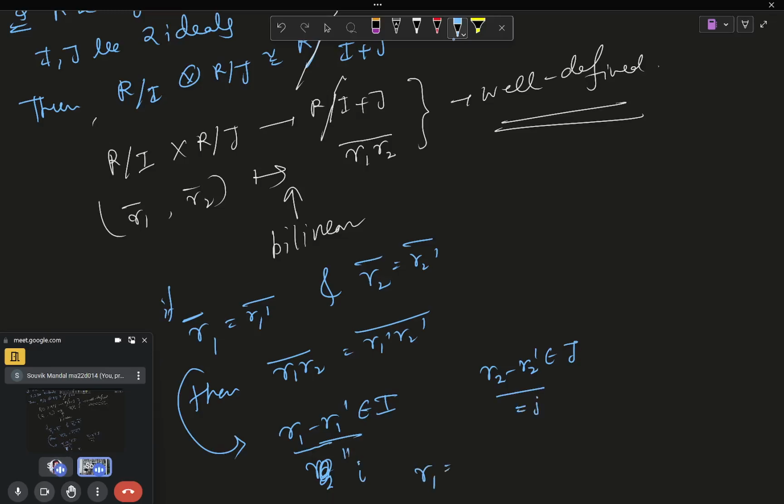Correct. So R1 is equal to R1 dash plus i, and R2 is equal to R2 dash plus j. Correct.